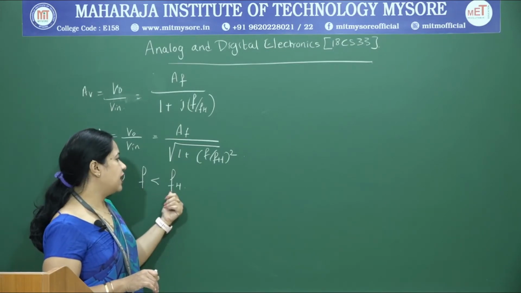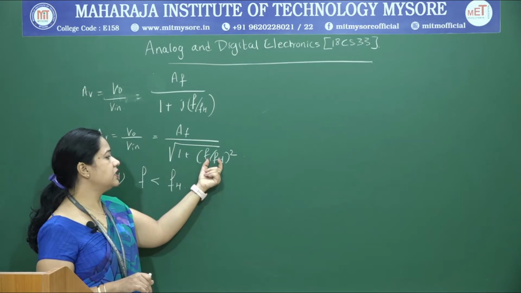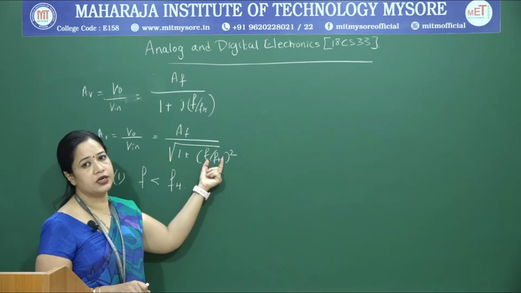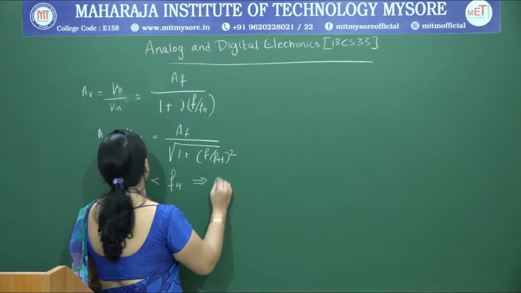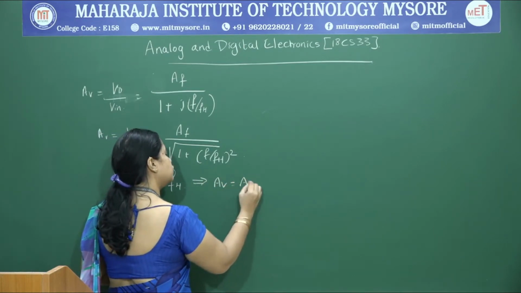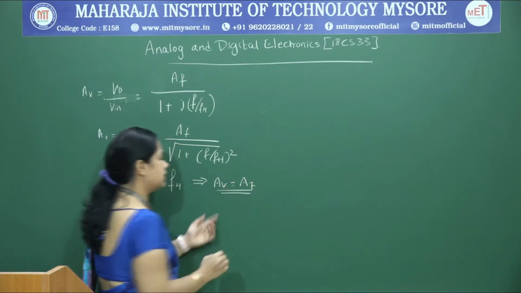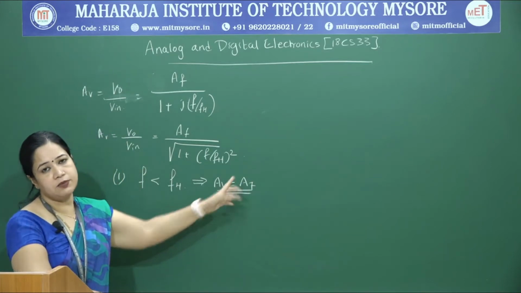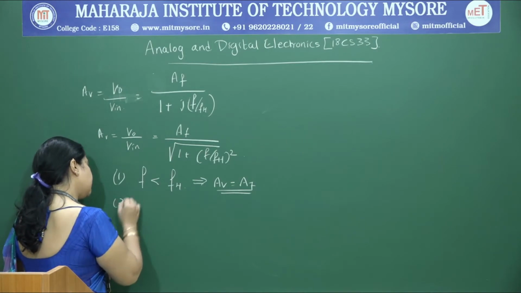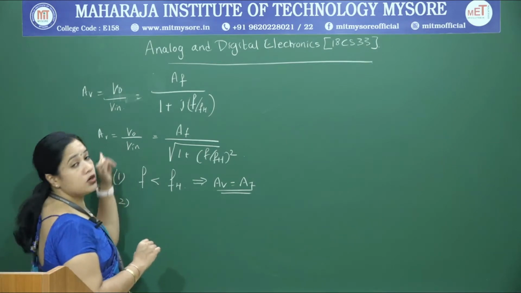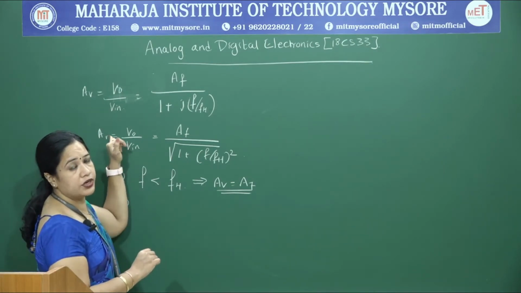Since F is less than FH, this ratio becomes very small, very negligible. As a result, your voltage gain is going to be maximum, that is, it reaches the pass band gain.